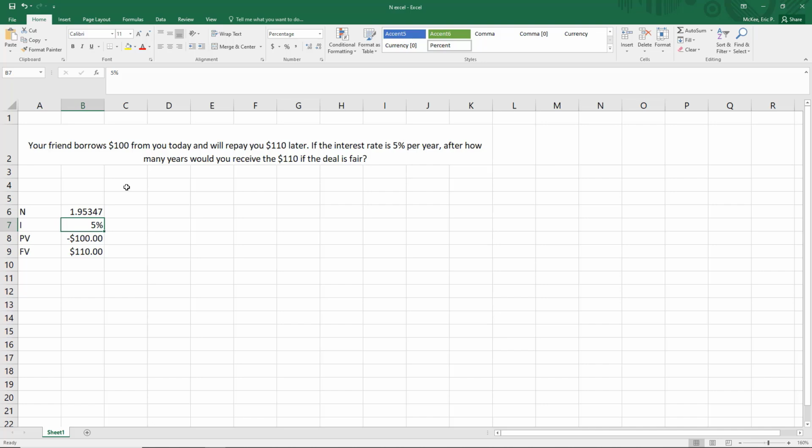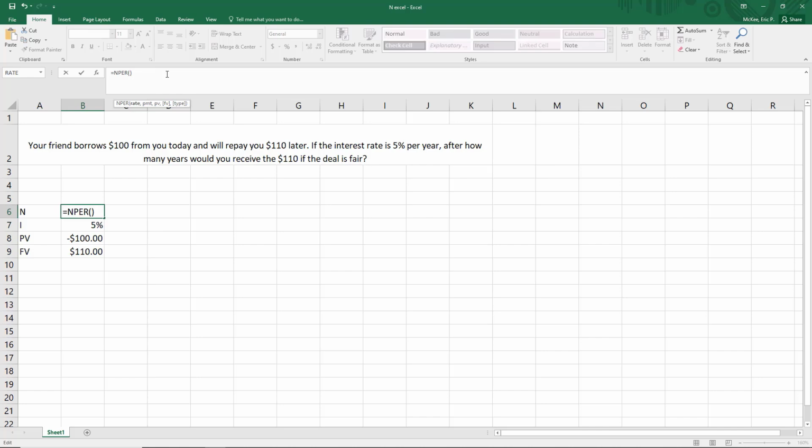Now, instead of entering the parameters directly, if we want to be a little fancier, use better Excel practices, and most importantly, be able to reuse this file for any future questions involving the length of time for a loan, we can go in here and we can clear out what we entered in directly and replace it with cell references.